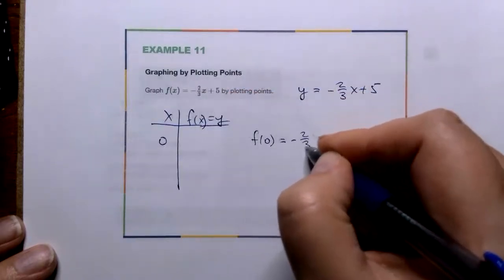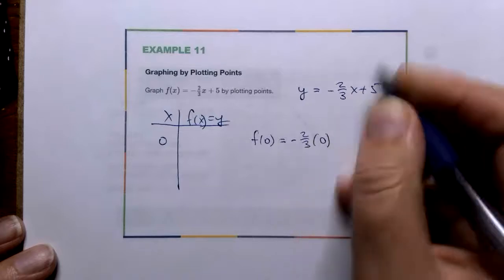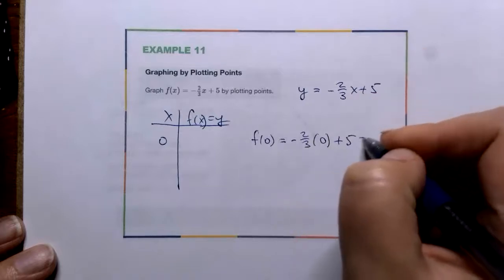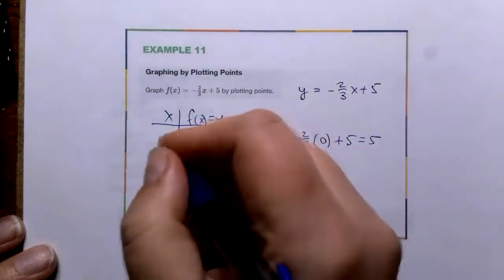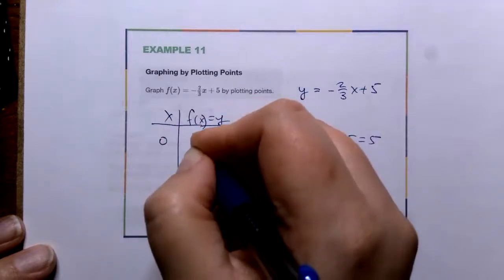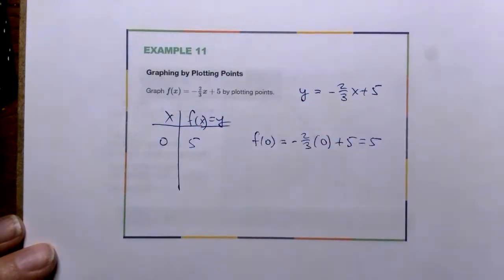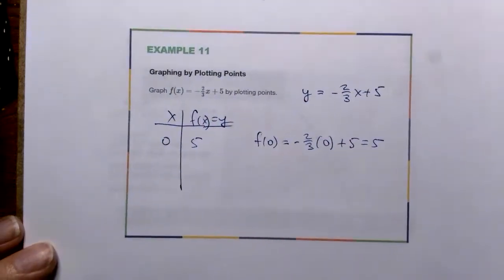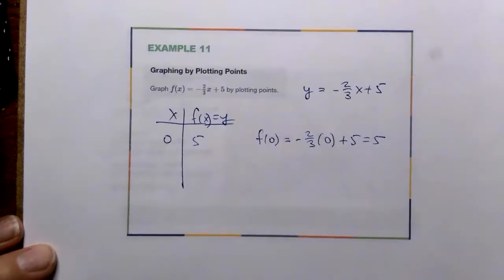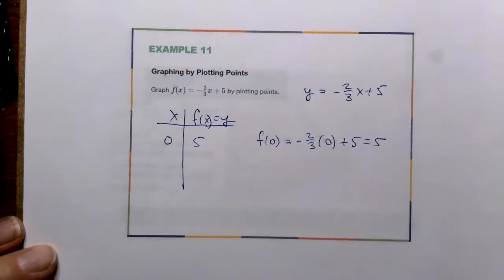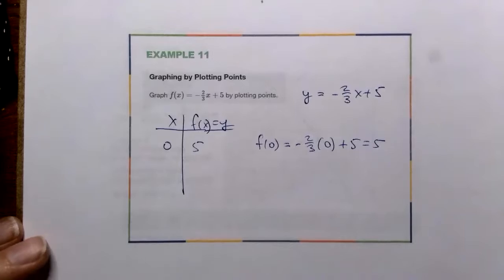Negative 2/3 times 0 plus 5 equals 5. So when x is 0, y is 5. Or the function value is 5 at x equals 0. That's the language that we use in college algebra.